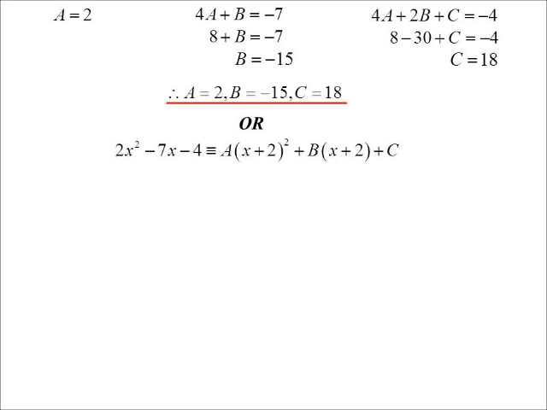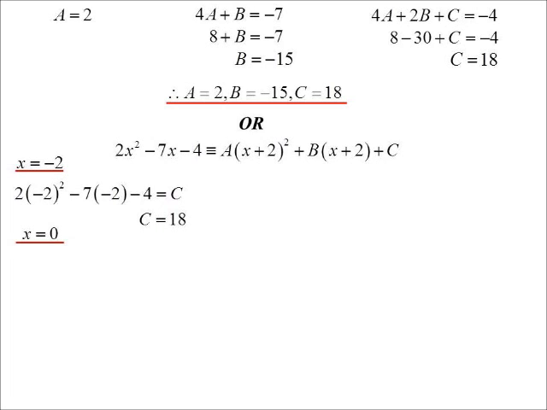Instead of equating the coefficients, I could do it via clever substitution. And then I don't have to expand the whole thing out. If I was to make x equal to, say, negative 2, then on the right-hand side, the term with a would disappear, the term with b would disappear. I could find c straight away. I get 18.